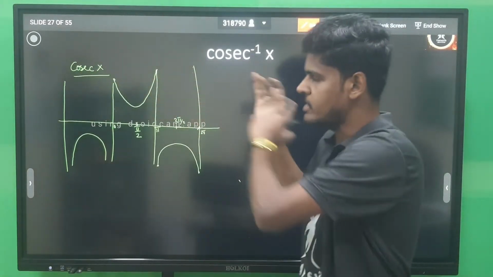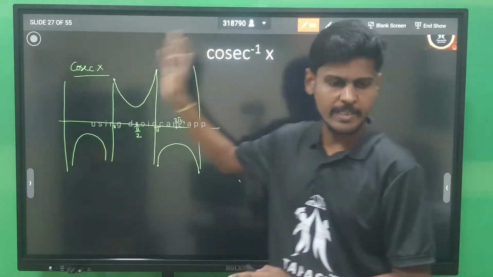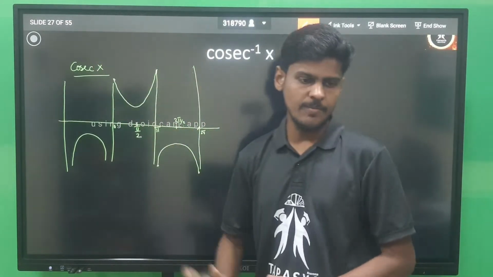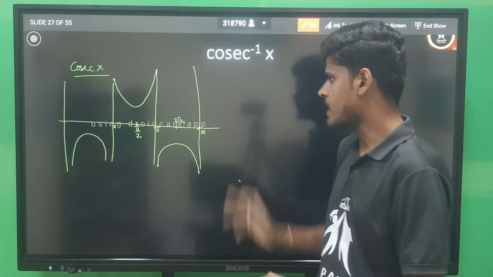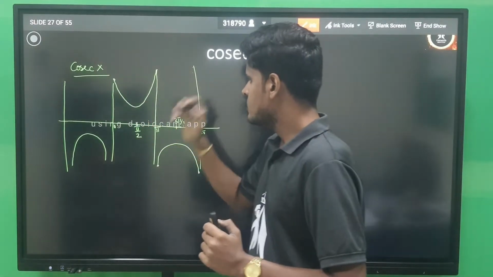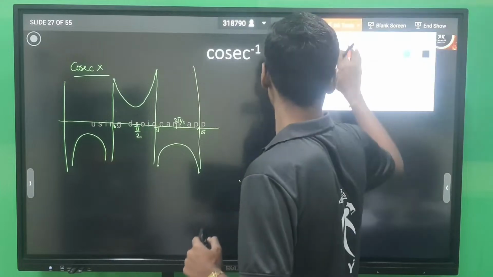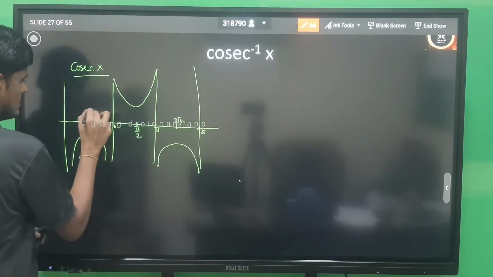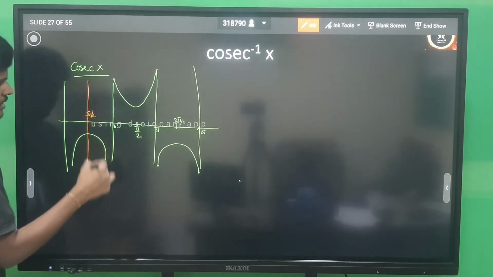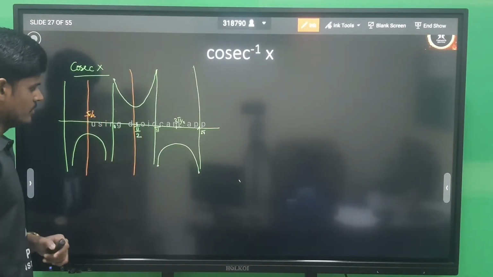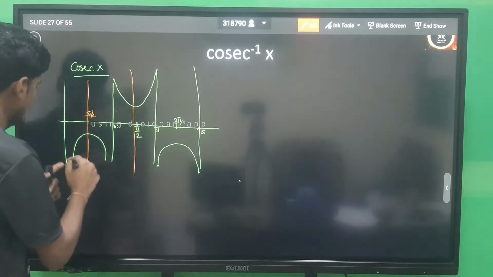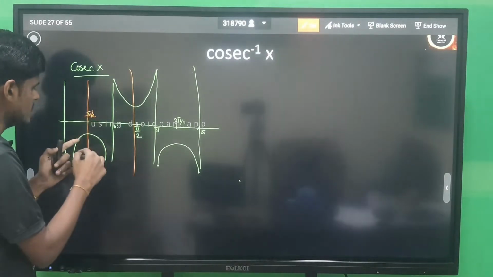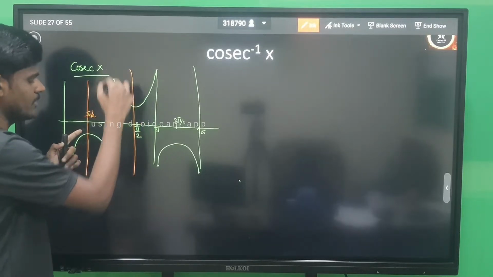So we need to make this function a bijection first. How to make that? We will restrict the domain and choose the principal value branch so that this function is 1 to 1 and it has 0 nearby. So when we consider this region, take this as minus pi by 2 to pi by 2, then this region has all the values in the range of cosecant x, that is minus infinity to minus 1 and 1 to infinity.